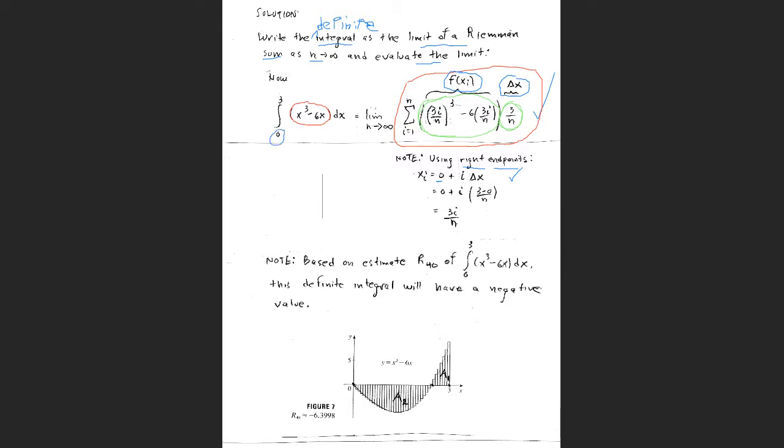In the first subinterval, x sub 1 is just going to equal 0 plus 1 times delta x. x sub 2, the point you pick in the second subinterval to determine the height of the rectangle, would equal 0 plus 2 times delta x.